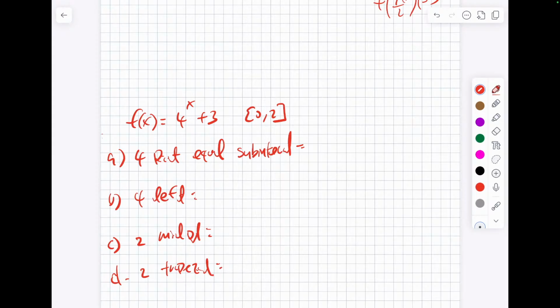Question 1 is x plus 3. Question 2 is x squared plus 3x plus 1. Question 5 is 2x squared plus 3x plus 5. Question 7 is 4x plus 3 plus 2 over 3x minus 2.